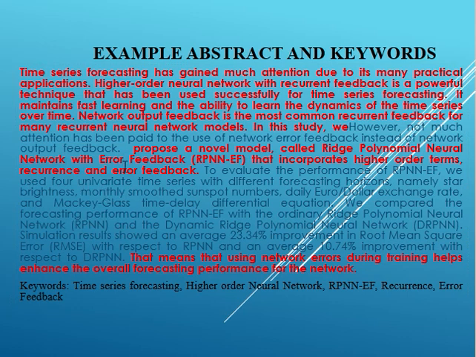This is actually the problem statement. And in the next sentence, we see the methodology. The aim of the research is to propose a novel method, and they mention the title of the paper or methodology: rich polynomial neural network with error feedback that incorporates high order term recurrence and error feedback.